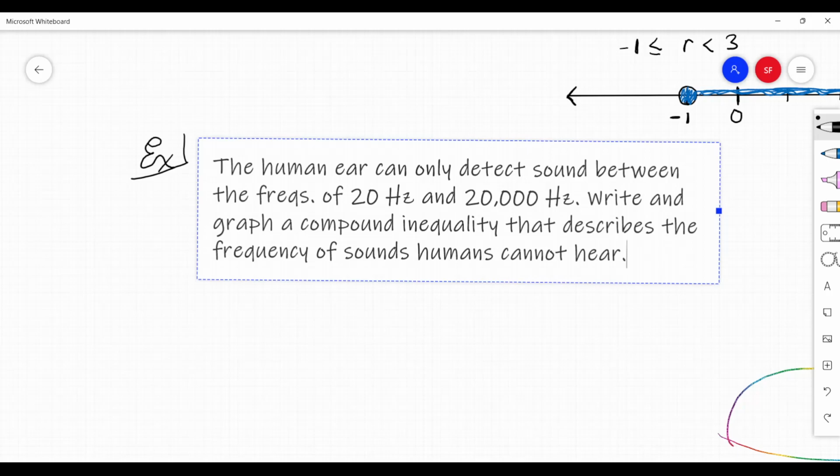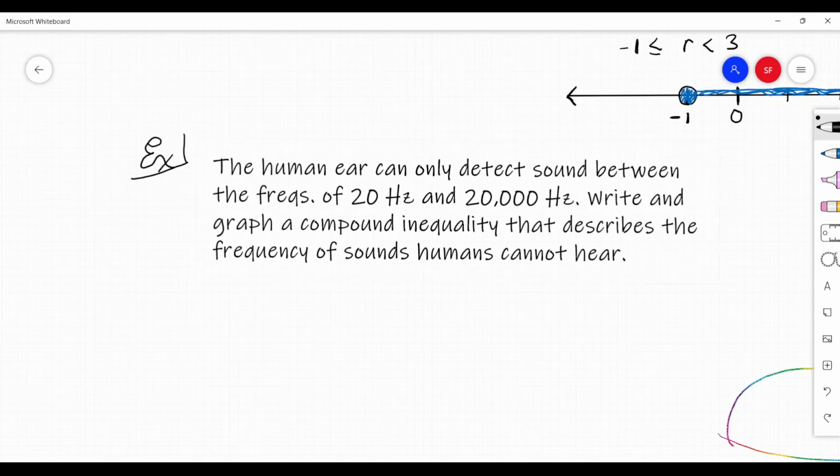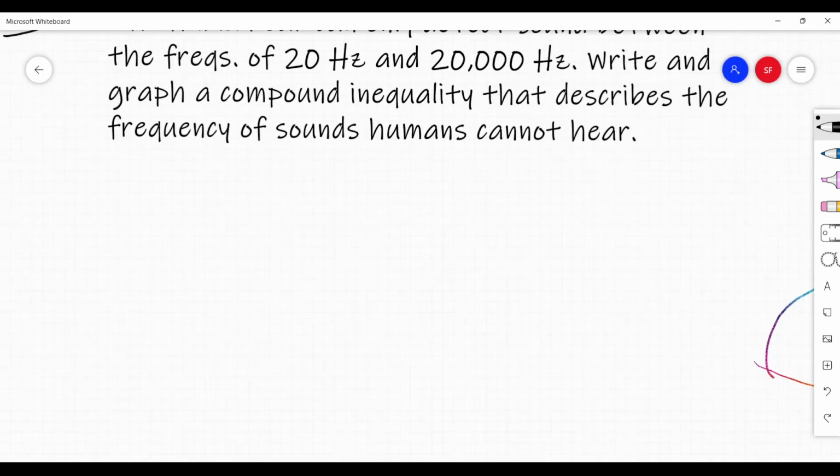Are we doing this on our own? No, we're going to do it together. Less than 20 hertz and greater than 20,000. True. Let's write those separately, and then see if we can write it as a complete compound inequality.